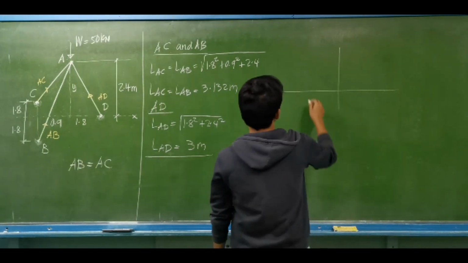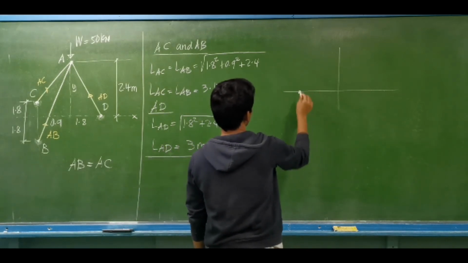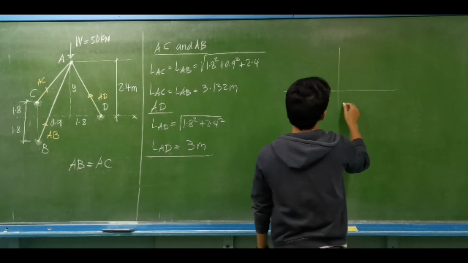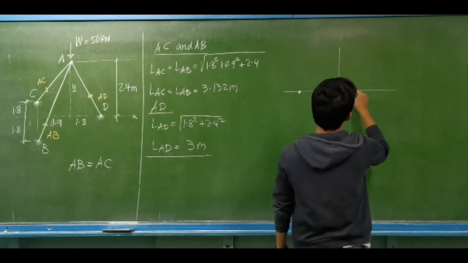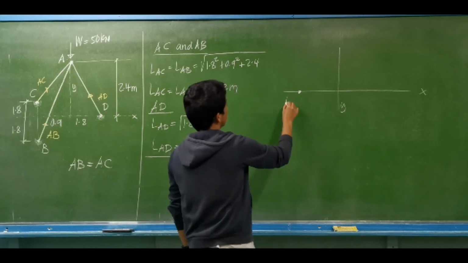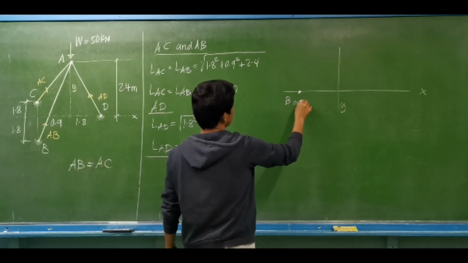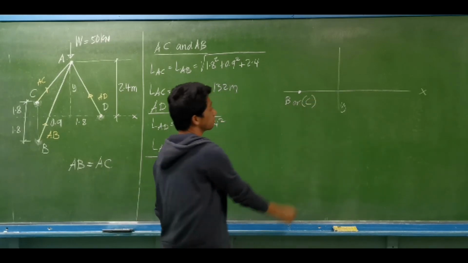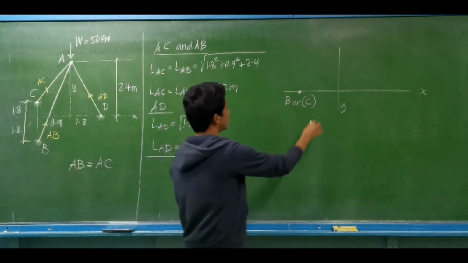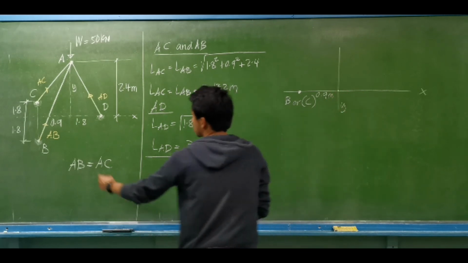So let's say this is at a distance of 0.9. At this point, if we are just considering the y-axis and x-axis, let's say the visible point is point B, or behind it we have point C. That is at a distance of 0.9 meter from this origin.